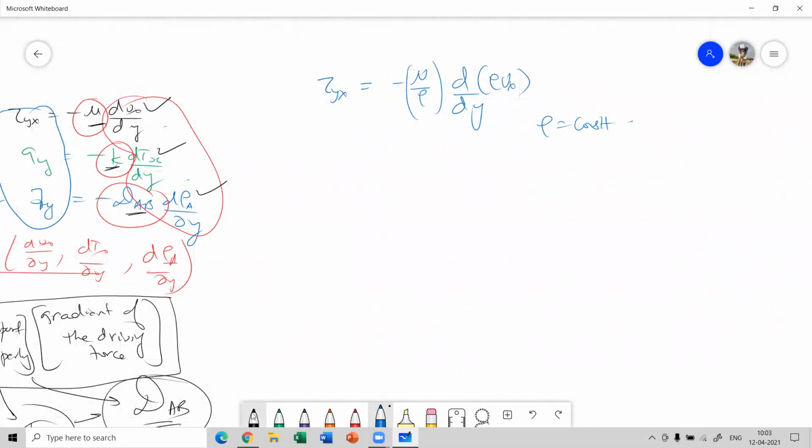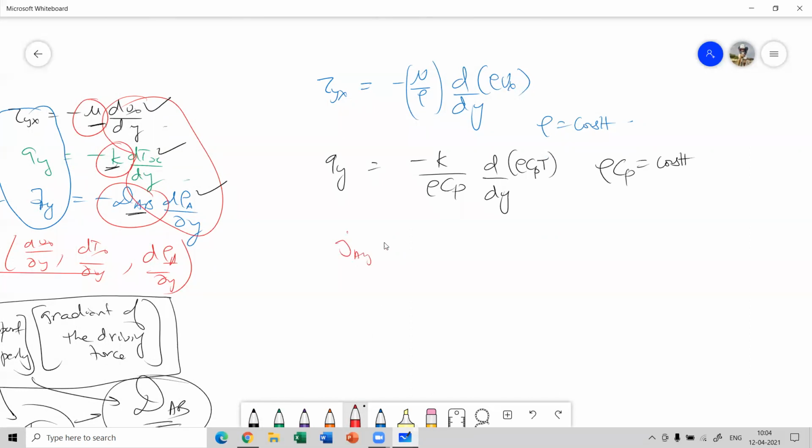If you look at Fourier law of heat conduction, qy is minus k by rho Cp, d of rho Cp T by dy, where let's say rho Cp is some sort of a constant parameter. And in Fick's law, J_A y is minus D_AB d rho A by dy. Let's keep it as it is because over here again rho is constant.